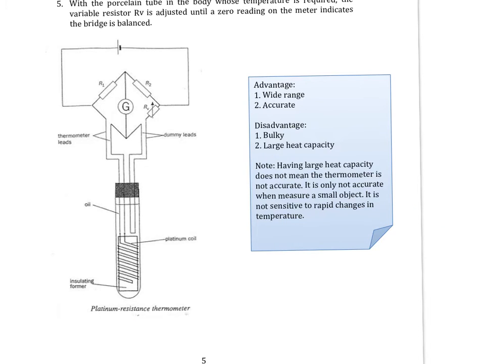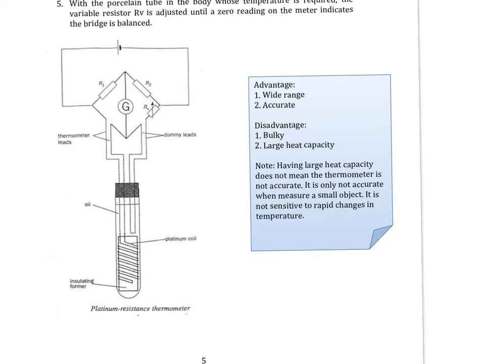The next type of thermometer that we're going to talk a little bit about is the platinum resistance thermometer. For this type of thermometer, you don't have to know it in very detail. You just have to know a little bit of it, in the sense of how you use it, and the advantages and disadvantages.